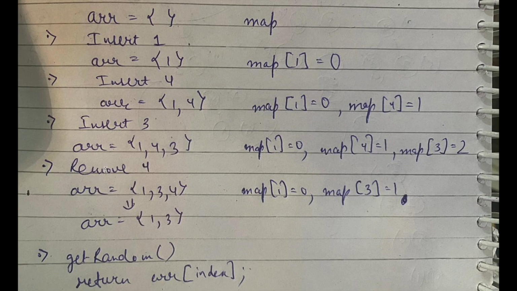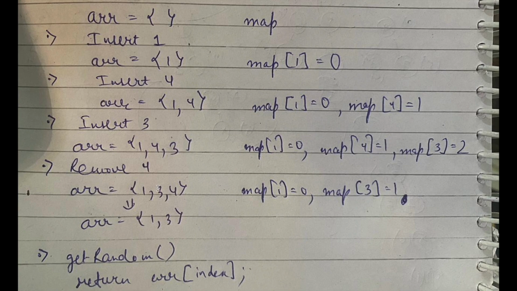Then we are getting this query, remove 4. So this is important. First of all, this was our array, and we want to remove 4. So we will get the index of 4 using our map. We can see that the index of 4 is 1. So we will swap that element with the last element of the array.